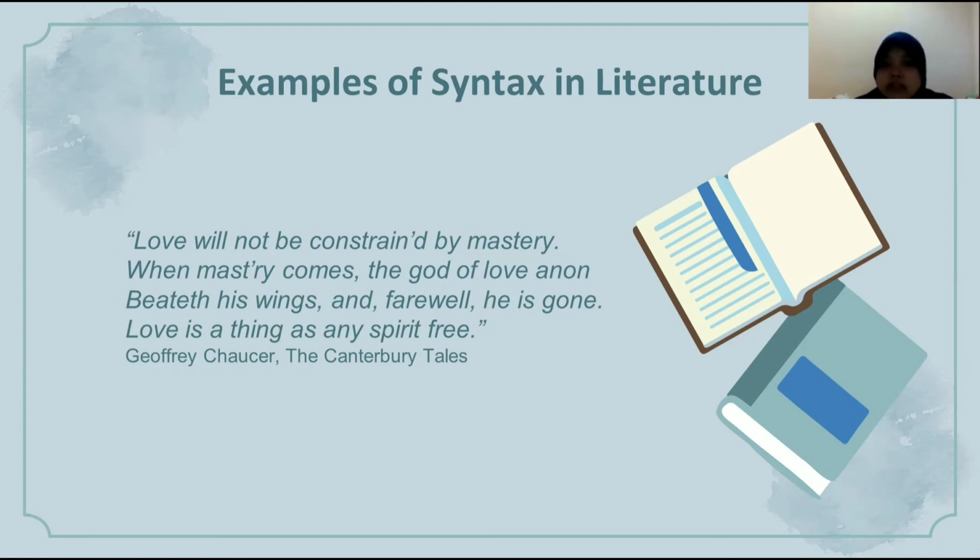The final line also has an unusual arrangement of words: "Love is a thing as any spirit free." Nonetheless, Chaucer has still chosen an arrangement that makes sense to an English-speaking reader. He says that love is like a free spirit, but in a more poetic way.